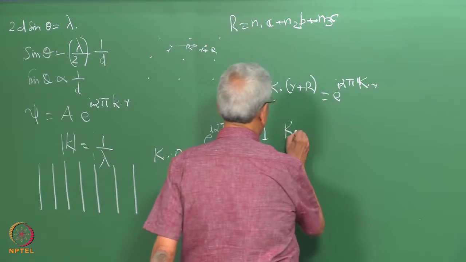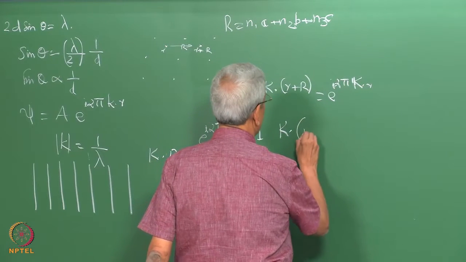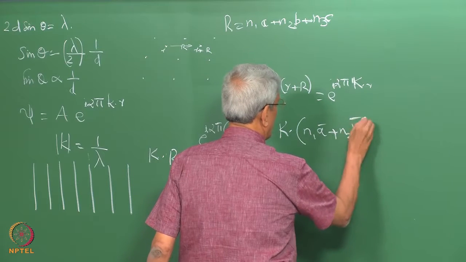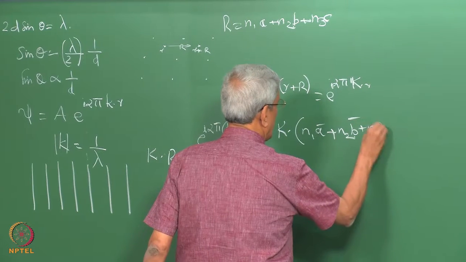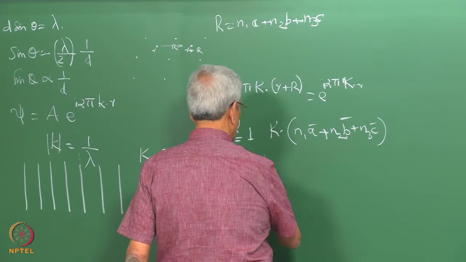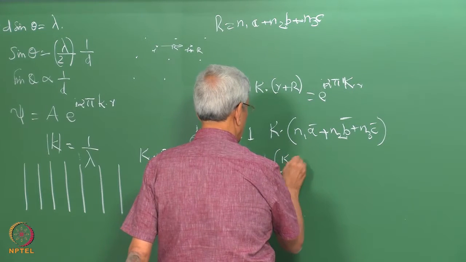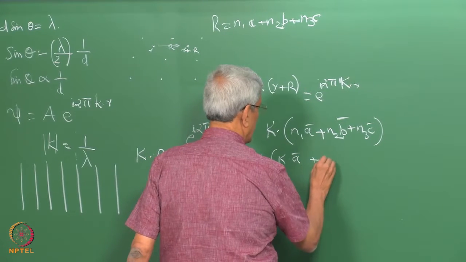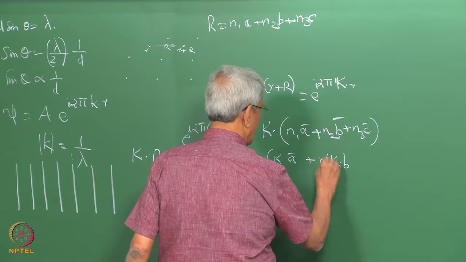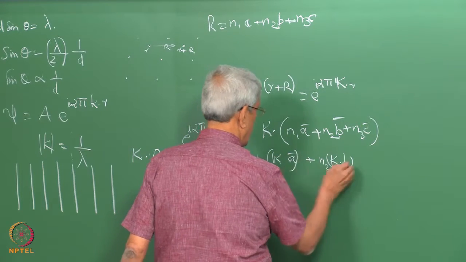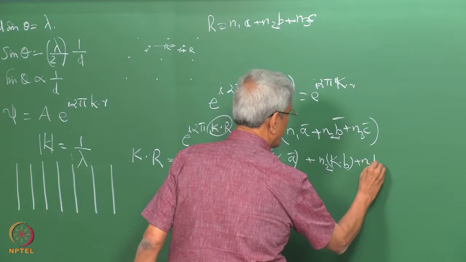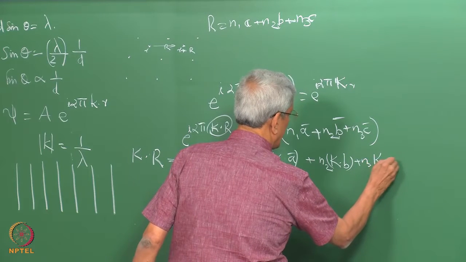That is k dot R should become n1 into k dot A plus n2 into k dot B plus n3 into k dot C.